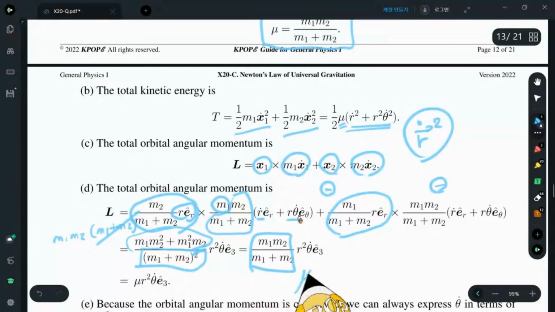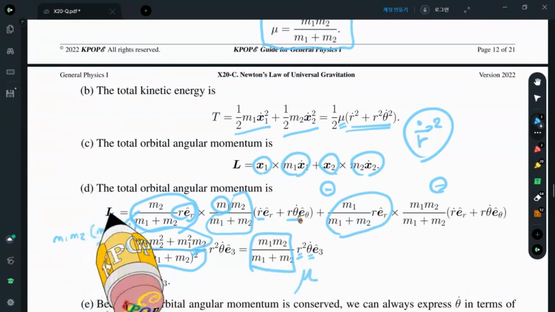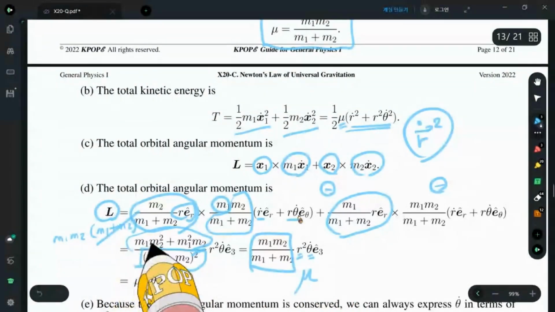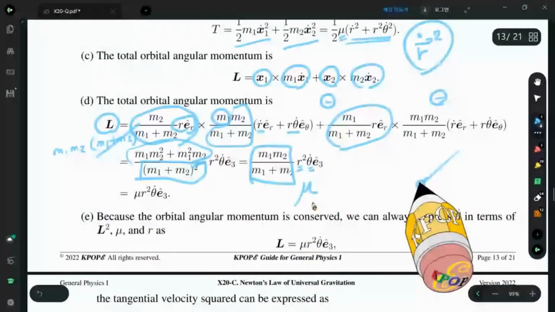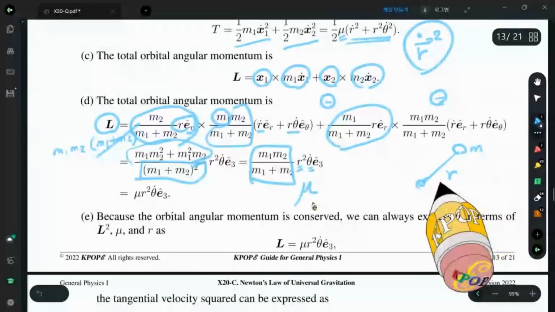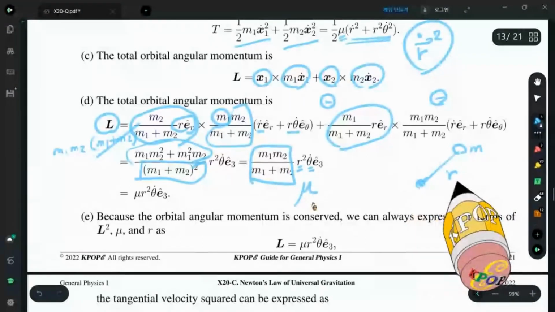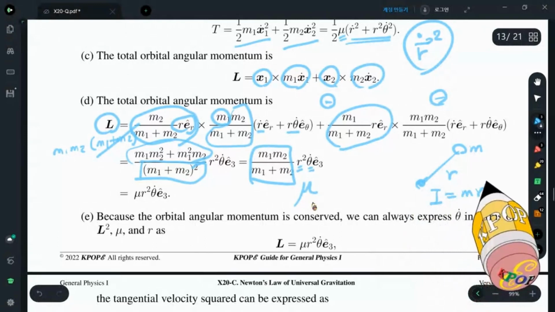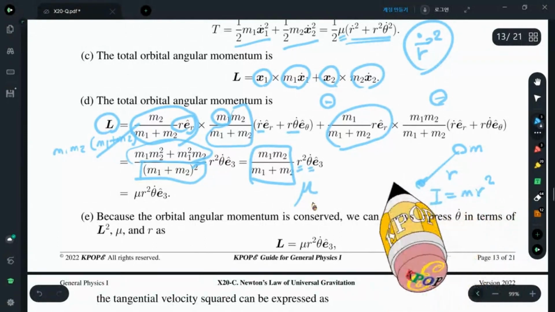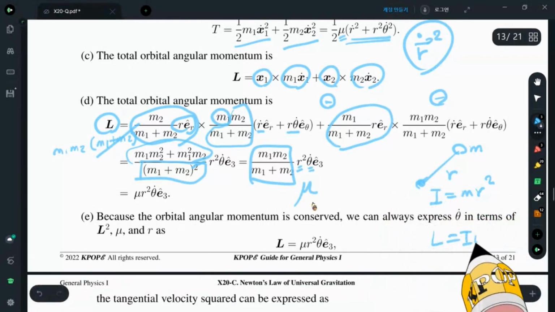Finally, we end up with the reduced mass multiplied by r squared, that is the relative coordinate squared, multiplied by theta dot. You remember, this is the orbital angular momentum of the complete system. For a single particle with radius r and mass m, the moment of inertia is m r squared, and angular momentum is I times omega.